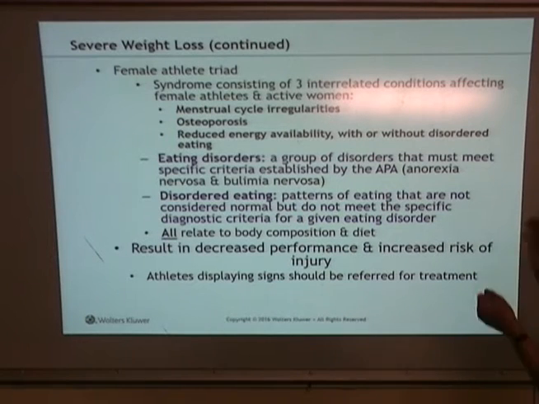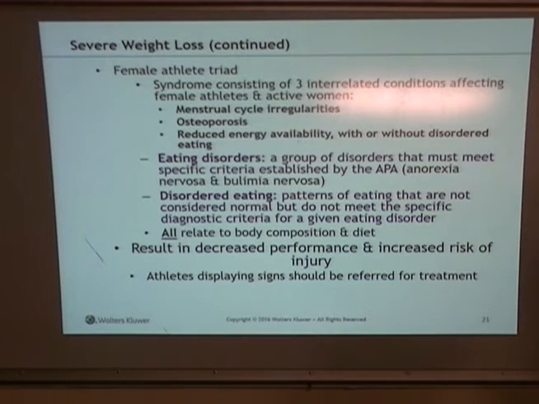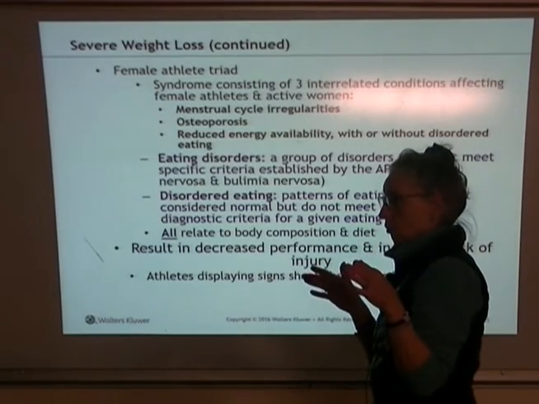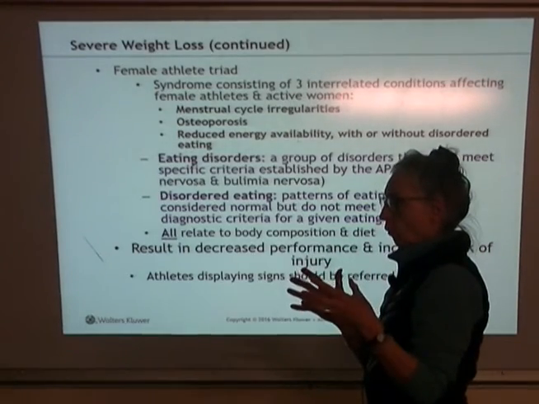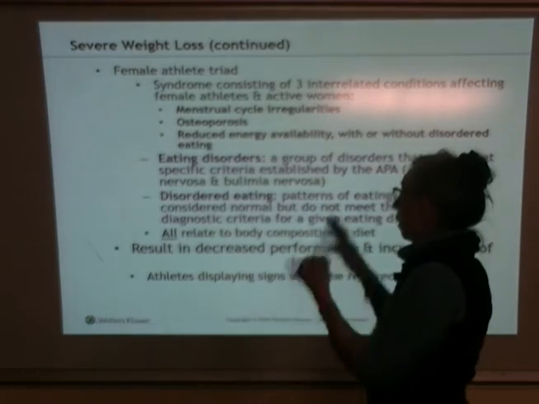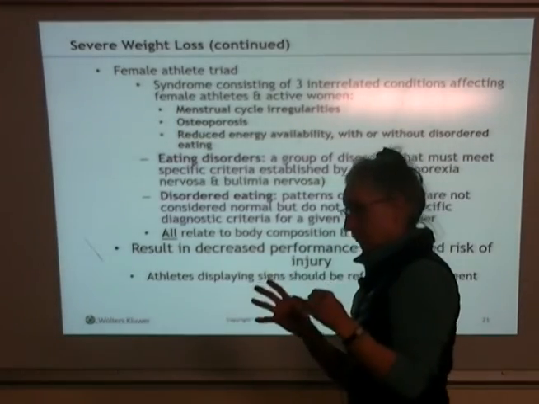So the first one is menstrual cycle irregularities. So you may have an athlete who typically menstruates normally once every anywhere from 25 to 35 days, right, and then stops. Okay, that's not normal. So she's either pregnant or there's something skewy with her energy balance. All right.